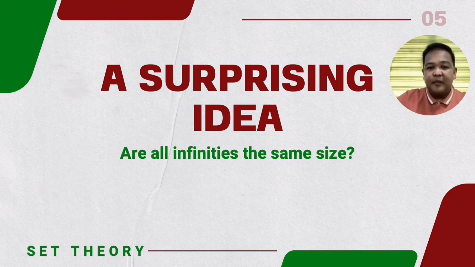In the next slide, we will show the proof of Cantor's theorem using a method of proof by contradiction. We'll see how this establishes the impossibility of a one-to-one correspondence between a set and its power set.